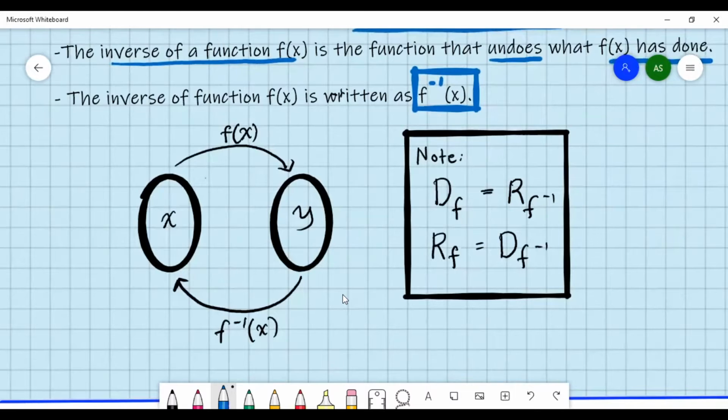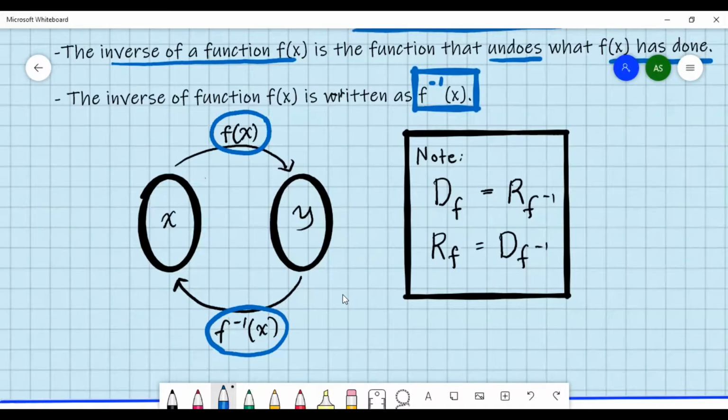Now, this is based on the discussion last time when I introduced functions. If you have an x as the input, then the output is y for f of x. But for the inverse, f inverse of x, the domain becomes the range: y is now the input, and the output will be x.